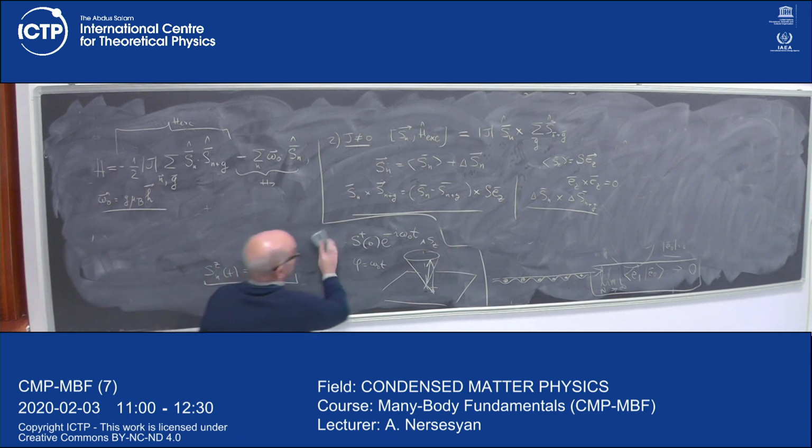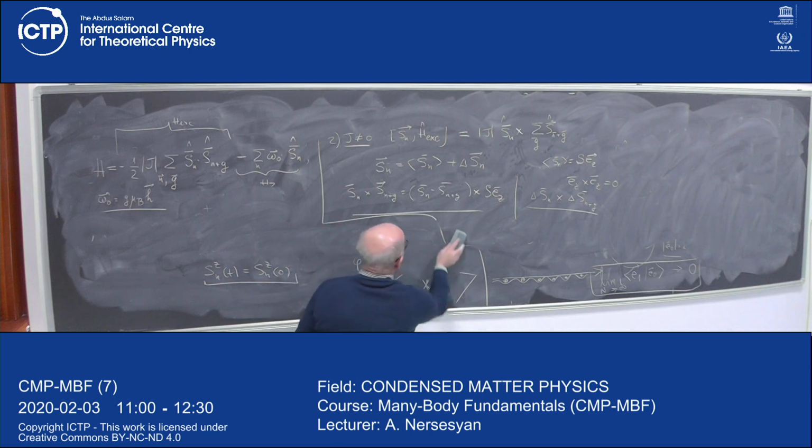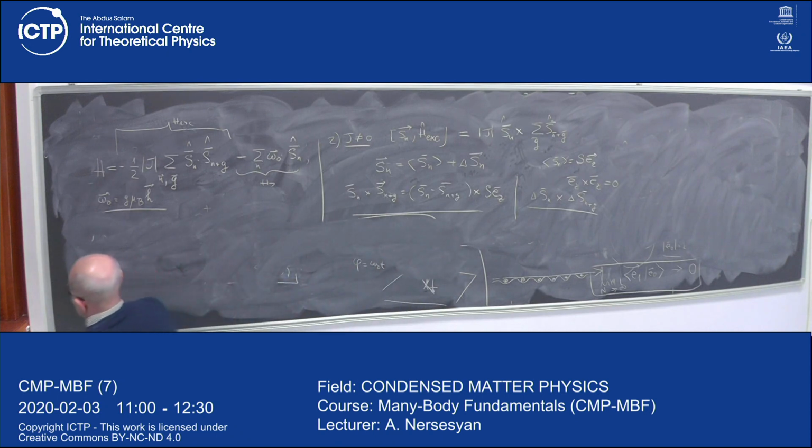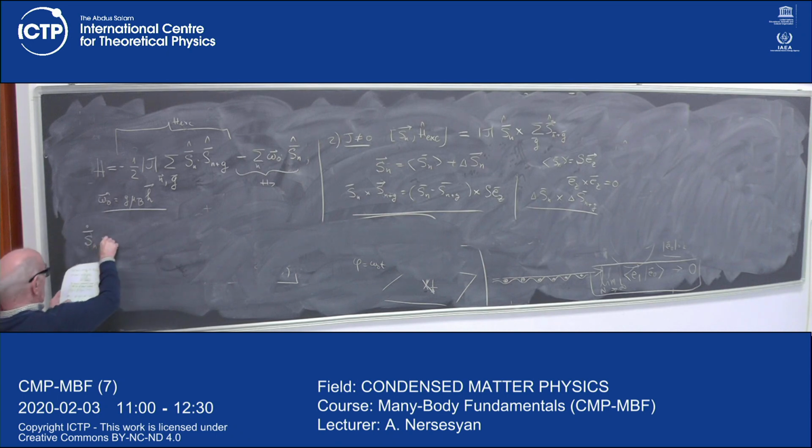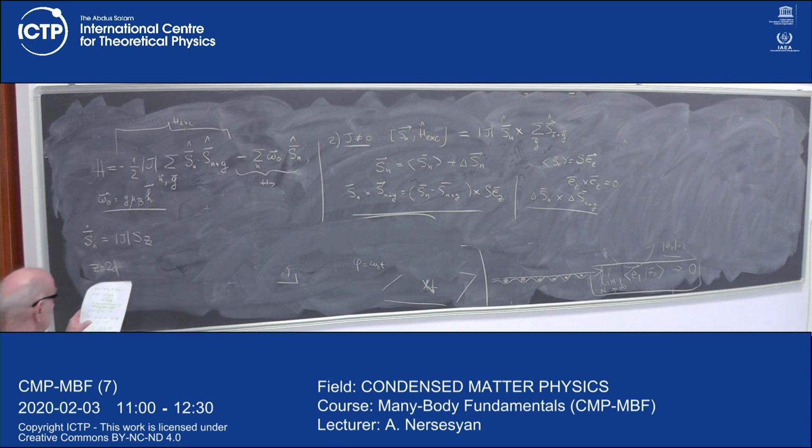The whole Hamiltonian will be given in this approximation, and the result will look like this. If I write down now S_n, of course it's an operator, the result would look like J S Z, where Z is the coordination number, which is twice the dimensionality. I assume that the lattice is a hypercubic lattice.